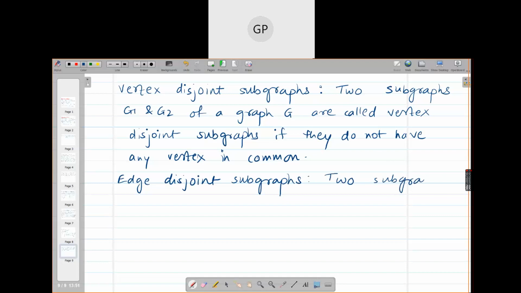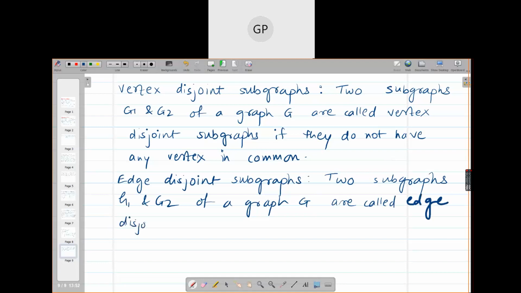Two subgraphs G1 and G2 of a graph G are called edge disjoint subgraphs if they do not have any edge in common.